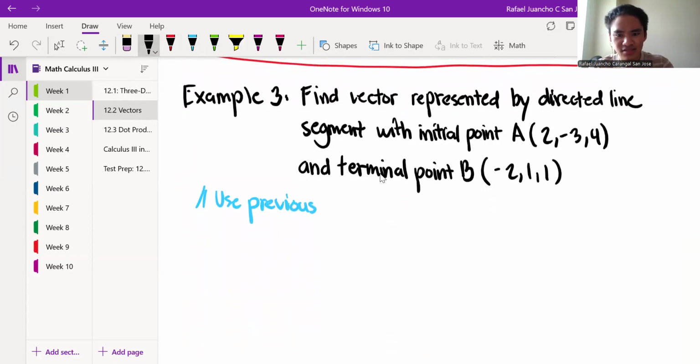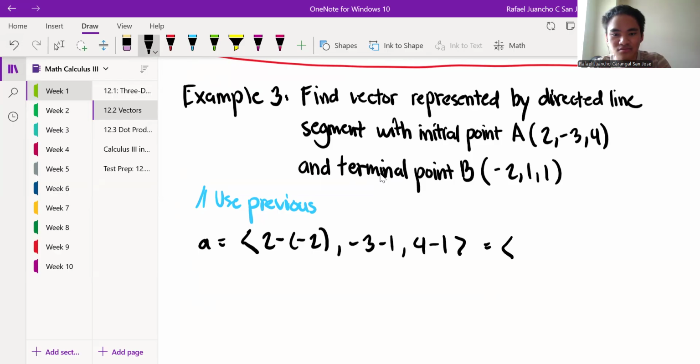So that means this vector is 2 minus -2. That's our x2 minus x1. -3 minus 1. And then 4 minus 1. And then we have 4, -4, 3. So that's our vector.